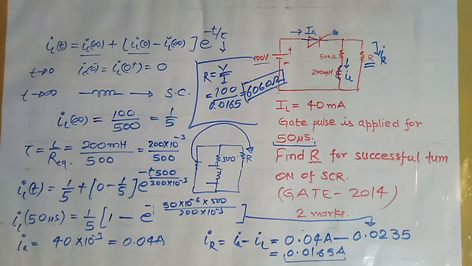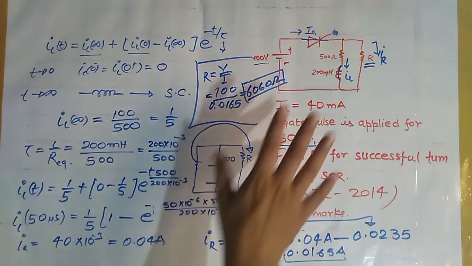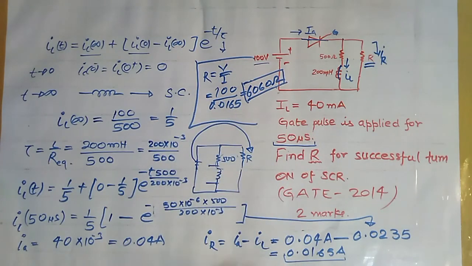Actually, these types of question are very common in GATE and IES exam, and they have been asked repeatedly in these exams. So you must understand the concept how to solve this circuit. Here they will give you an inductor. So to solve this circuit you must know how to solve the network using network theory concepts.